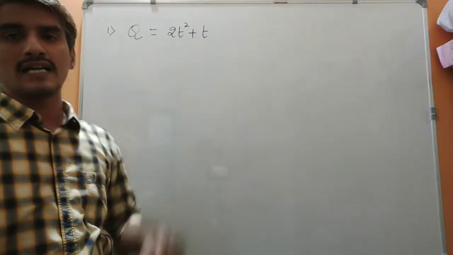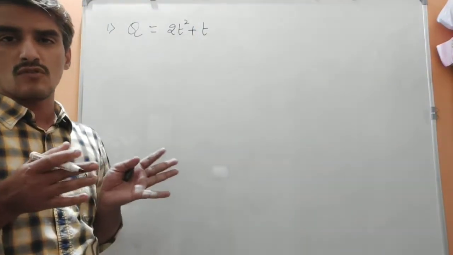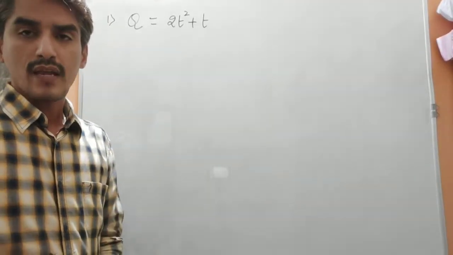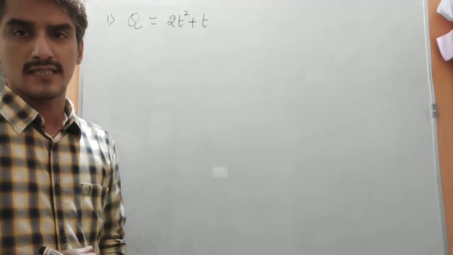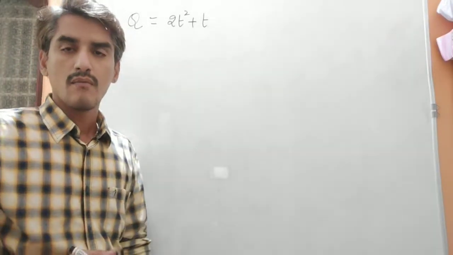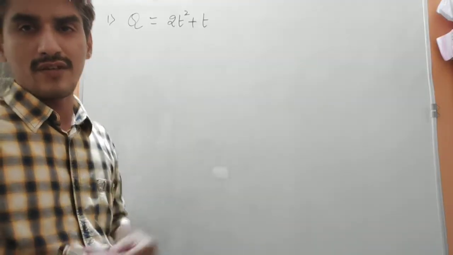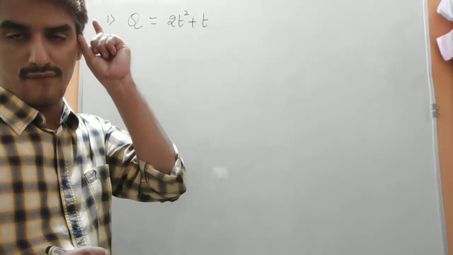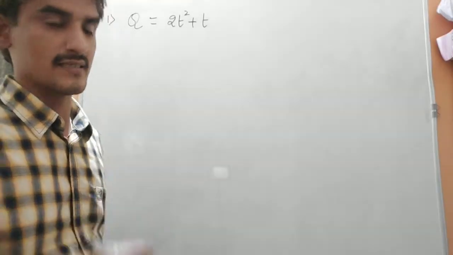So this much charge is flowing through that cross sectional area, and it depends upon time like this. So Q is a function of time. We need to calculate how much current is flowing through it exactly after 2 seconds.